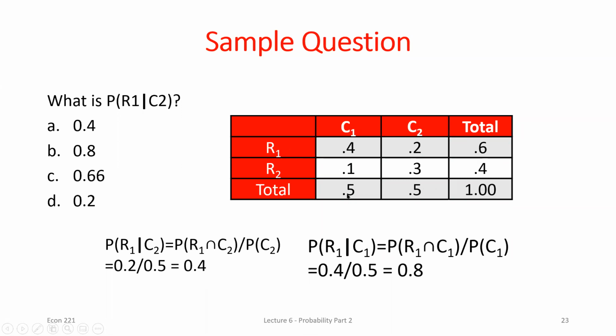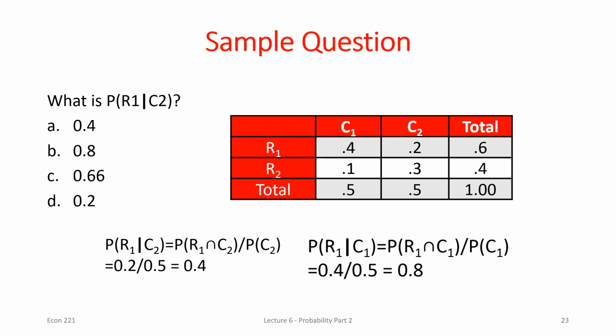But if I condition on C1, it still limits the entire experimental outcome space down to an area of 0.5. But of that remaining area of 0.5 that's in C1, 0.4 of it is in R1. So knowing that C1 has occurred, it's much more likely that R1 has also occurred, right? Then if I tell you C2 has occurred, it's not nearly as likely, right? Only half as likely, or the probability is half as large.